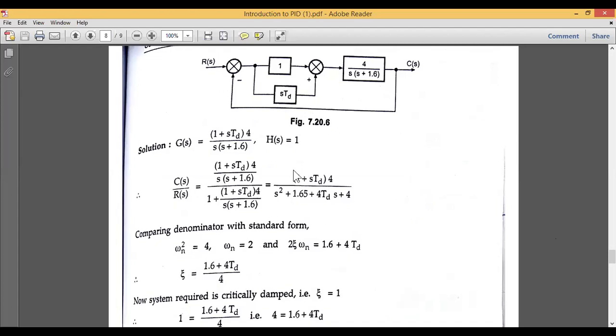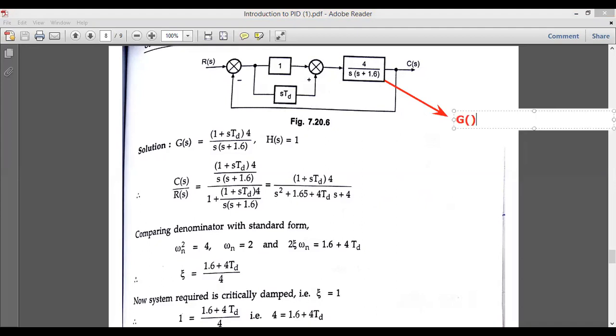Here is the given figure. The input is R(s) and the output is C(s). This particular block, 4 divided by s multiplied by (s plus 1.6), indicates the value of G(s), because this is one complete block, and you can represent it by G(s).